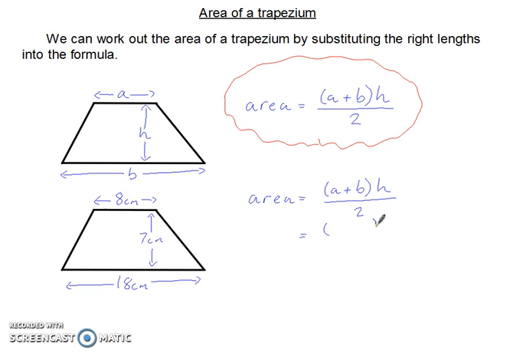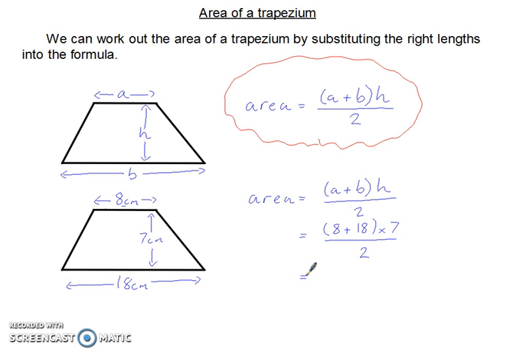Now we're going to need to open some brackets, and I'm going to need A, which is the top side, 8 centimeters, 8, plus B, this long length on the bottom here, 18 centimeters, 8 plus 18, multiply by the height. Now if we don't write anything in algebra between two things, we mean multiply. There's the height there, that's 7 centimeters in this case, multiply by 7, and then halve the answer.